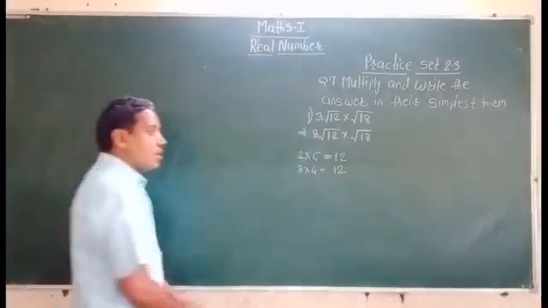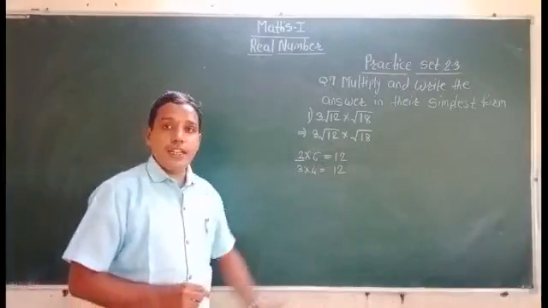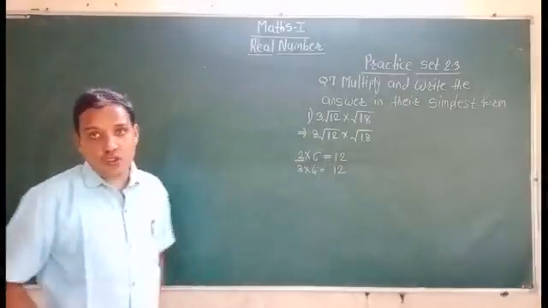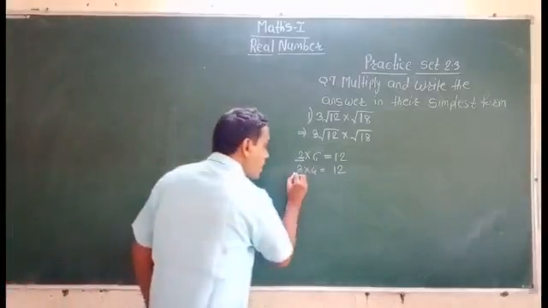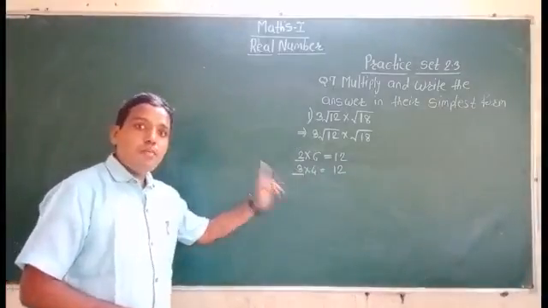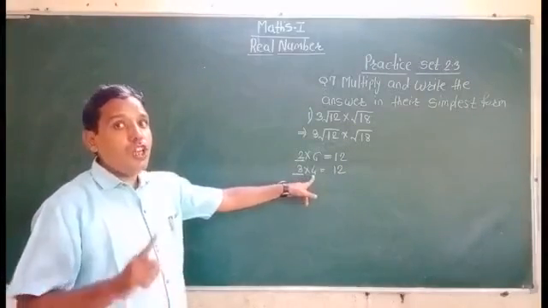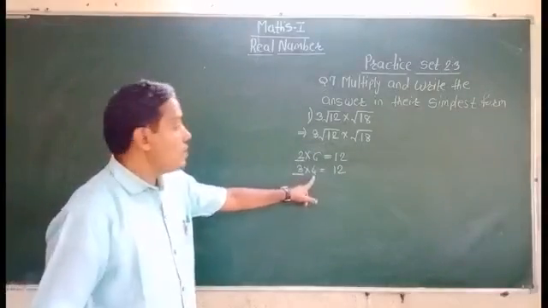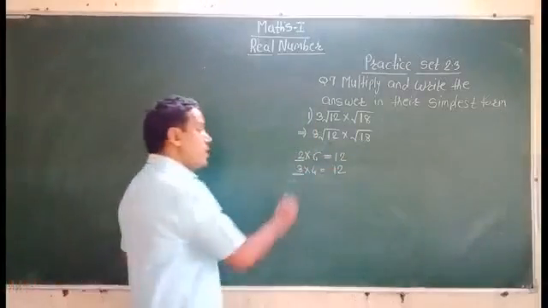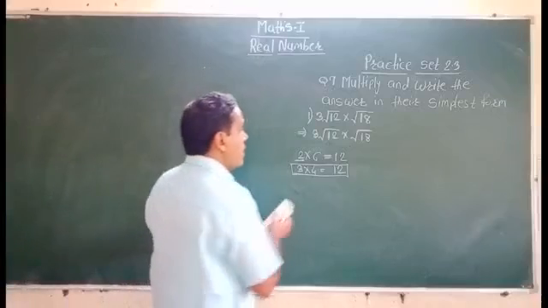In that, 2 is never factorized again, and 6 is not a perfect square number. 3 is also a prime number, so we never simplify it. And 4 is a perfect square number, meaning we know the square root of 4. That is why we split 12 into a product of two numbers, 3 into 4, and we write it down.